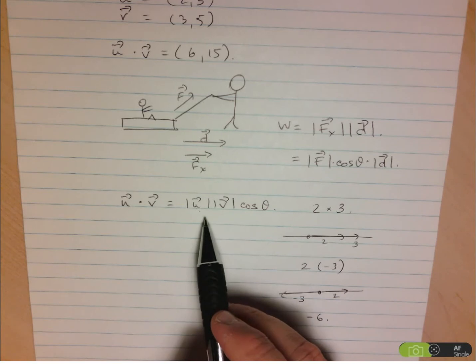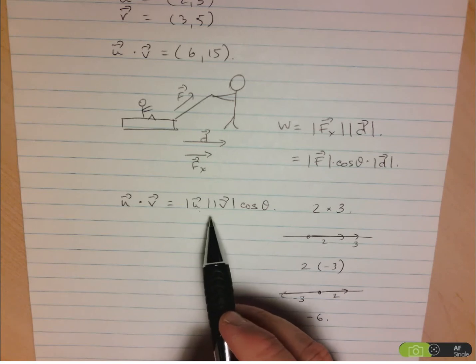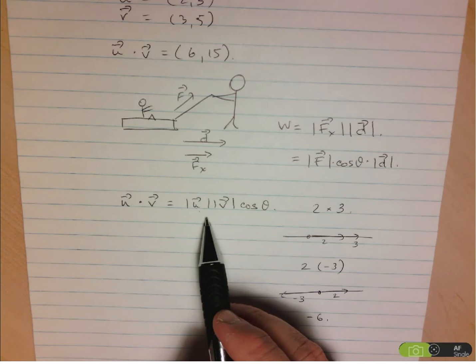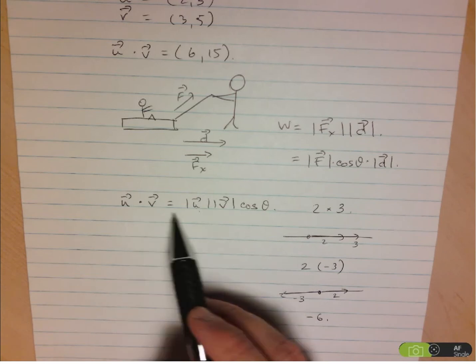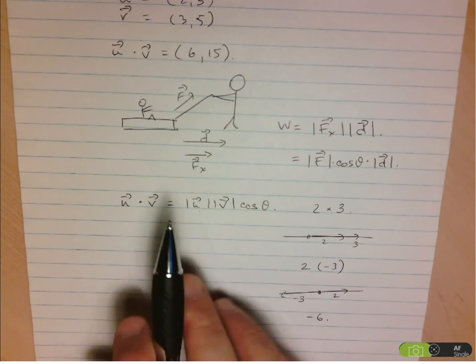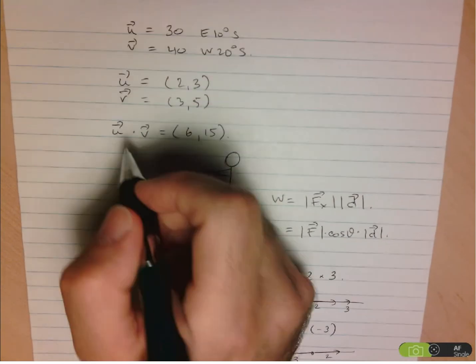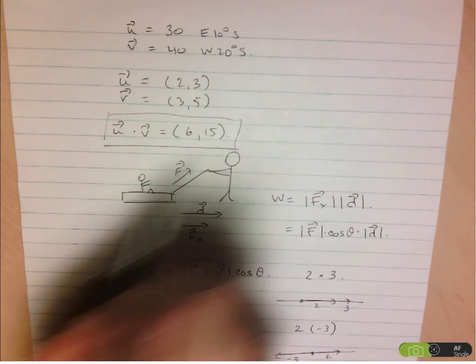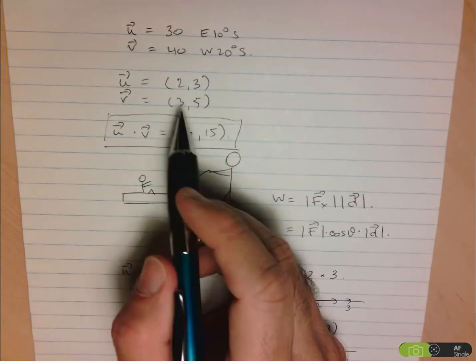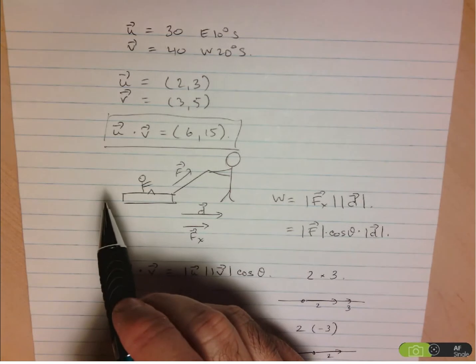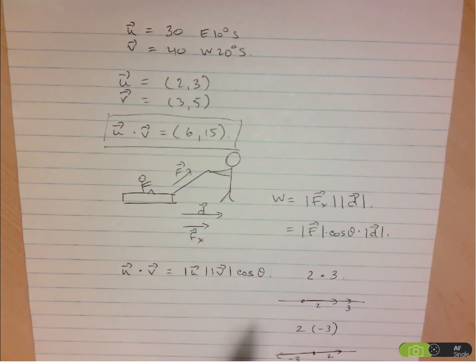Now we've seen up until now that while there's a lot of nice things about geometric vectors, algebraic ones are even nicer. So we need to find a way to define this product using algebraic vectors. If we're lucky, it will turn out to be exactly what we hypothesized up here. Will it just be about multiplying the individual components? This is where we now need to do some algebra to figure this out.